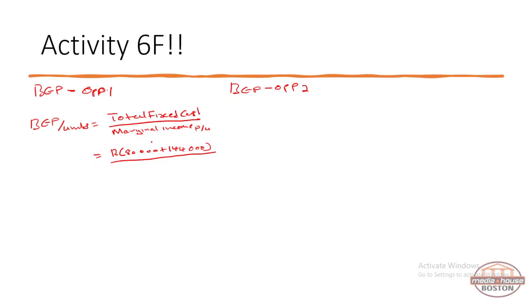Our marginal income will actually be our sales minus our variable cost. So in terms of sales, we have a selling price per unit of 400, minus all our variable costs.